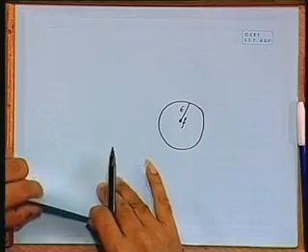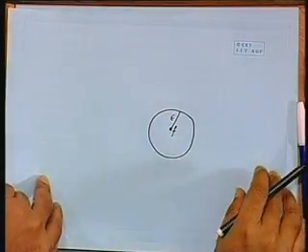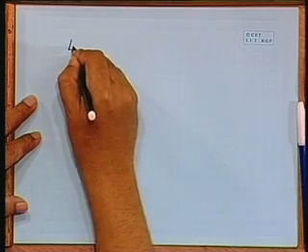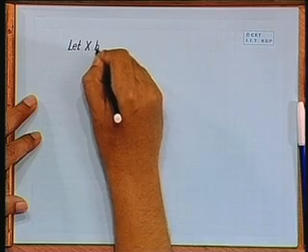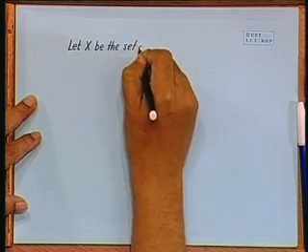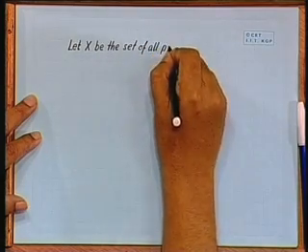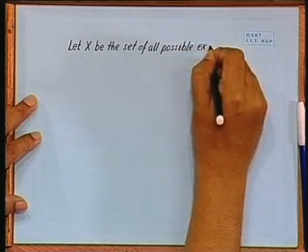Okay. So, let me first give some definitions. Let X be the set of all possible examples.